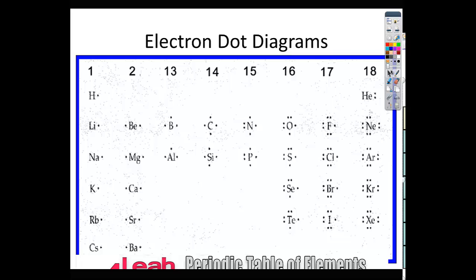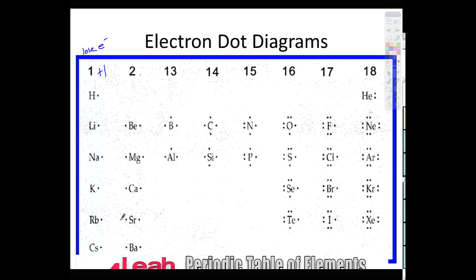On this slide, group 1 has 1 valence electron, and you have to ask yourself, do you want to get to 8? Is it easier to lose 1, or is it easier to gain 7? It's easier to lose 1. If you lose an electron, what does your charge become? Remember, atoms are always neutral, so if you lose 1, no matter what it is, we're going to get a +1.